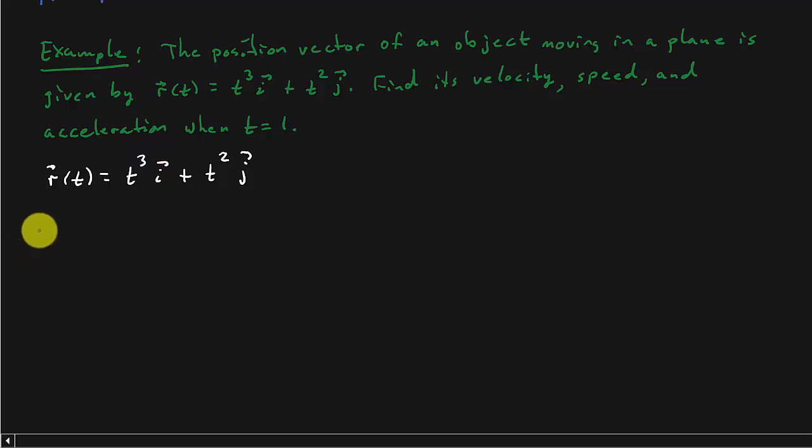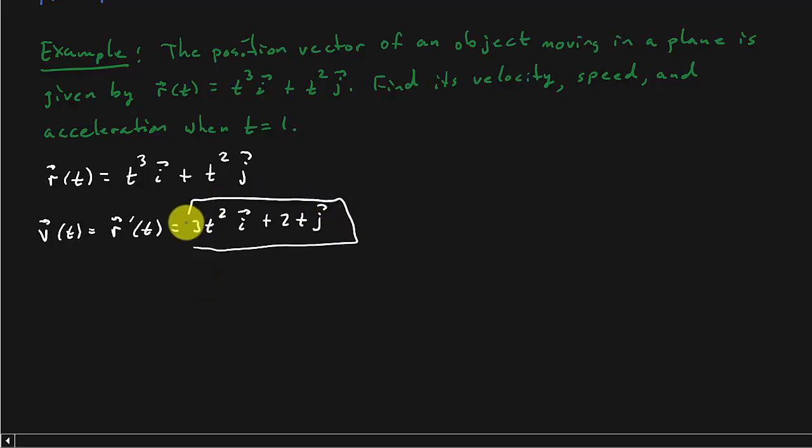All right, so we've got the velocity vector, which is the derivative of r, the position vector, and so that's just 3t squared times vector i plus 2t times vector j. And there's your velocity vector.